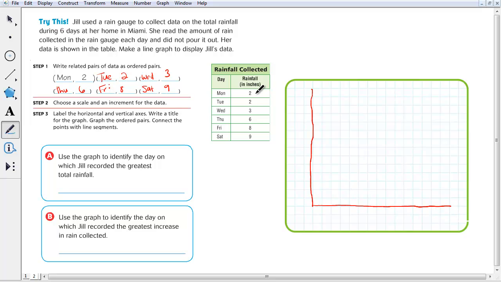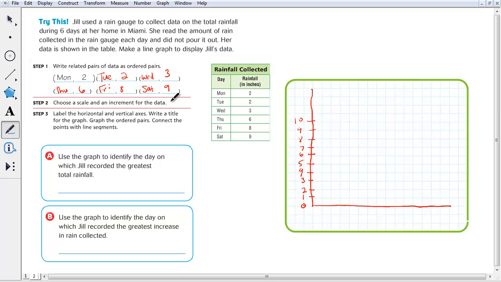Now my numbers go from 2 all the way up to 9. So I think I can start here at 0 and make each line count up by 1. So this line represents 1, 2, 3, 4, 5, 6, 7, 8, 9, 10.